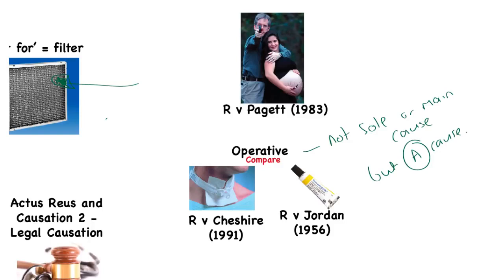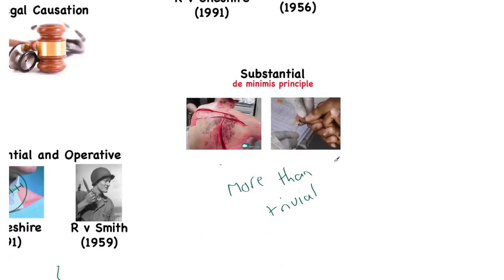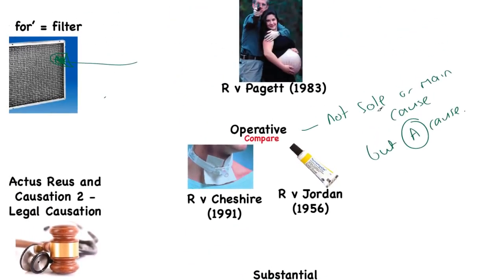The court held in this case that the defendant's act need not be the sole cause, or even the main cause of death, providing that it is a cause in that it contributed significantly to that result. So, providing it is a cause and it is more than trivial, then we will have a substantial and operative cause.